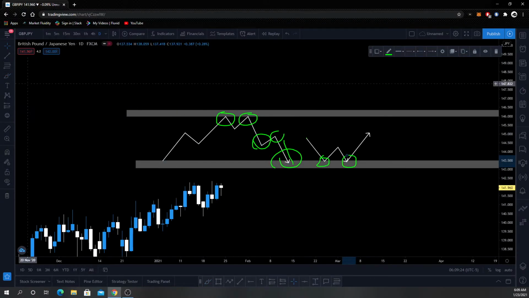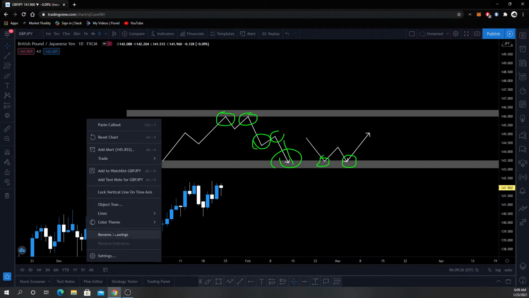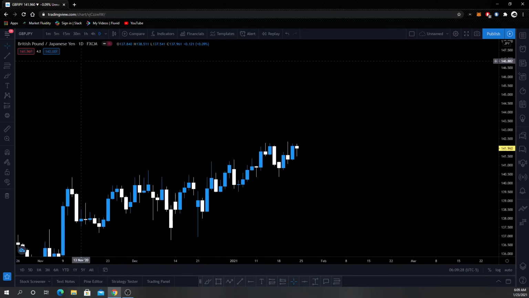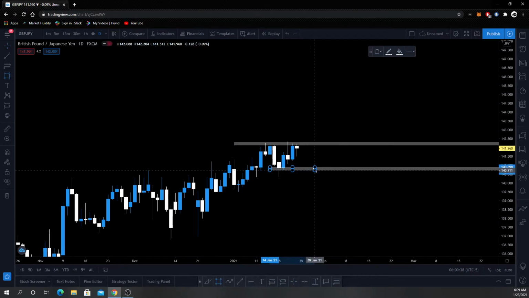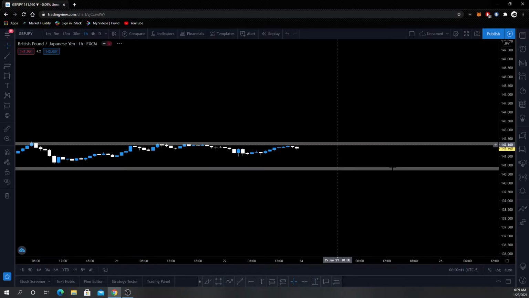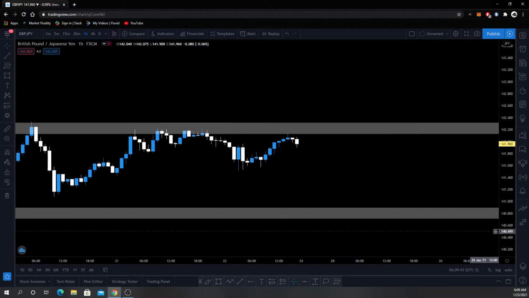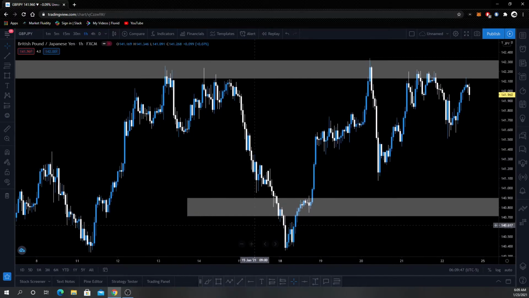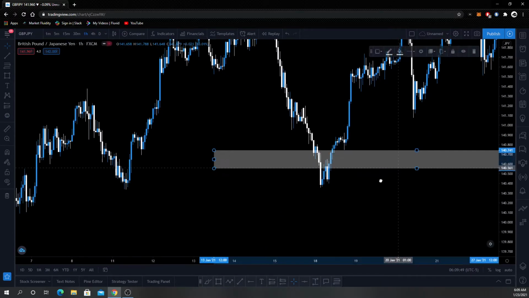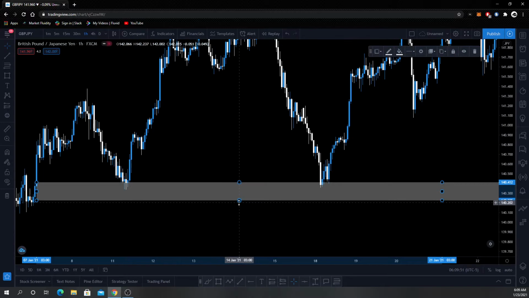So let me show you an example right now in the markets. Let's remove this. Okay, so we're on the daily time frame. Let's draw our resistance level here. Let's draw our support level here. Now let's go to the 1H. Let me move this somewhere here. Okay, beautiful.